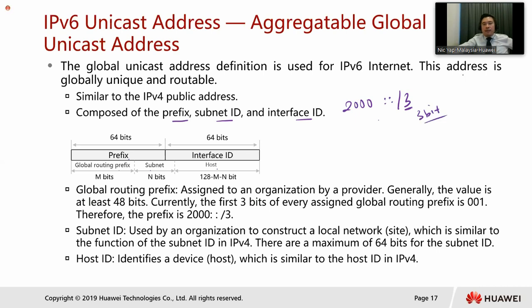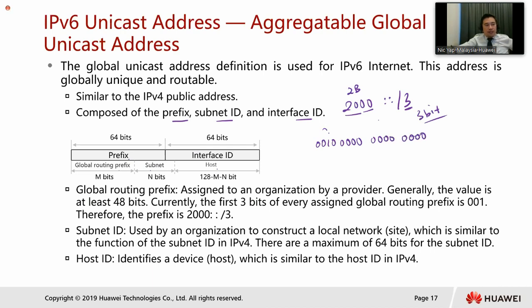How do we get the first 3 bits from here? 2000. This is 2 bytes, in total 16 bits. In binary it is 0010, 0000, 0000, 0000.